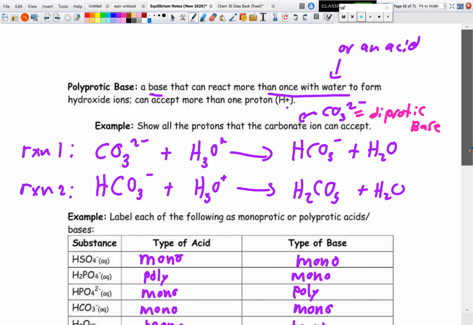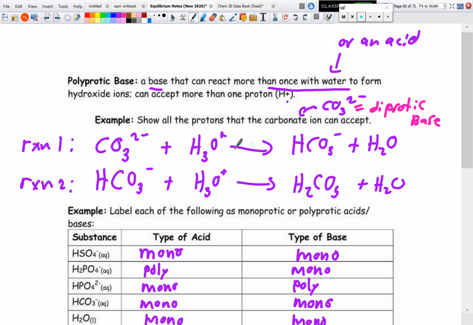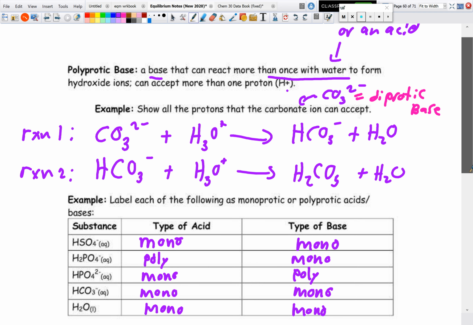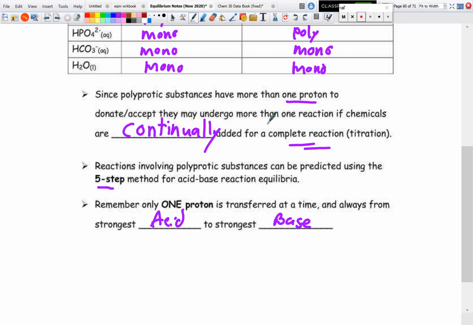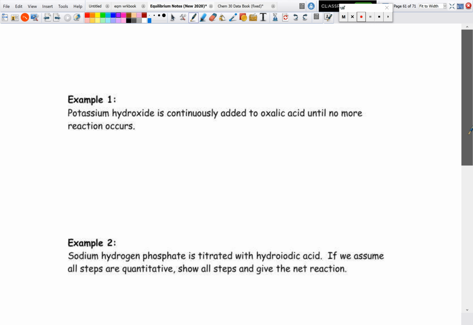So basically what that means is when we complete one reaction, like say for reaction 1, once the carbonate is completely used up, because we assume we get a quantitative reaction here, we produce nothing but HCO3- and H2O. Because that's a quantitative reaction, once we're done there's no more CO3 2-, no more carbonate ion. So we completely use it up. And that's basically when we're doing these titration type things, that we can predict how much is there.